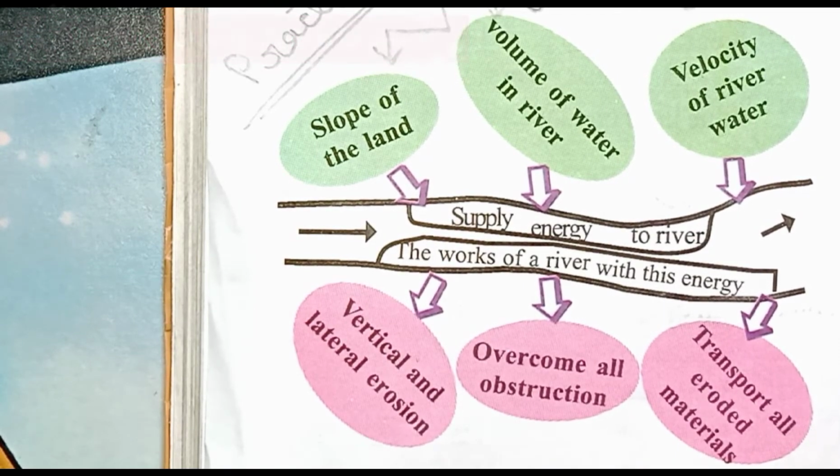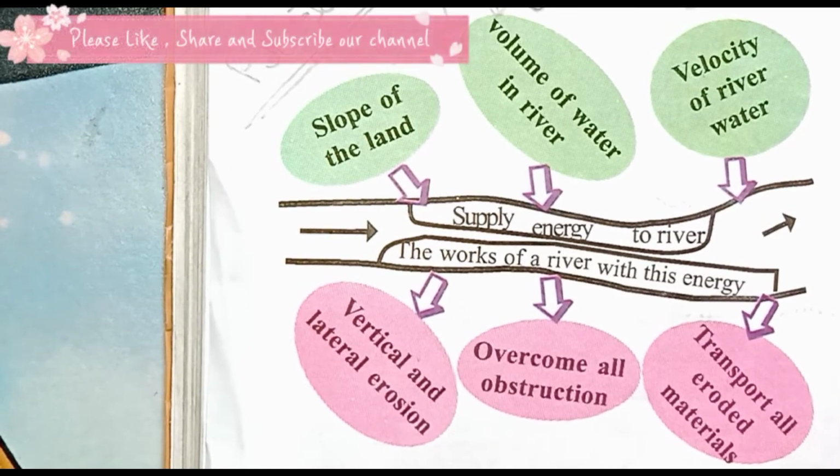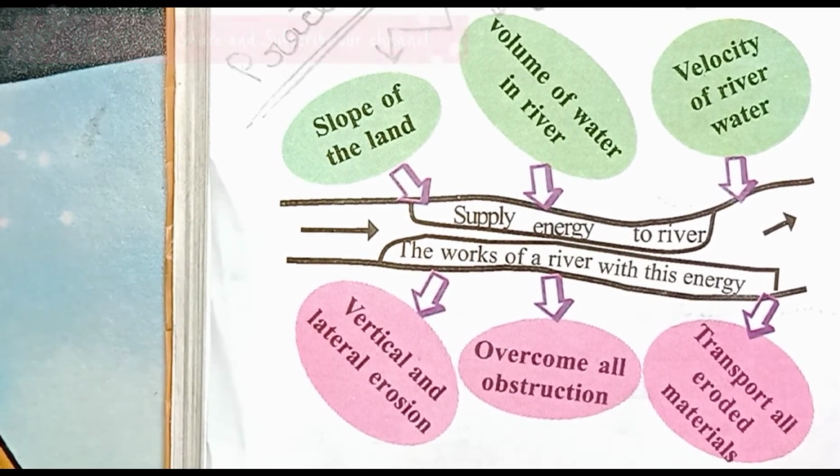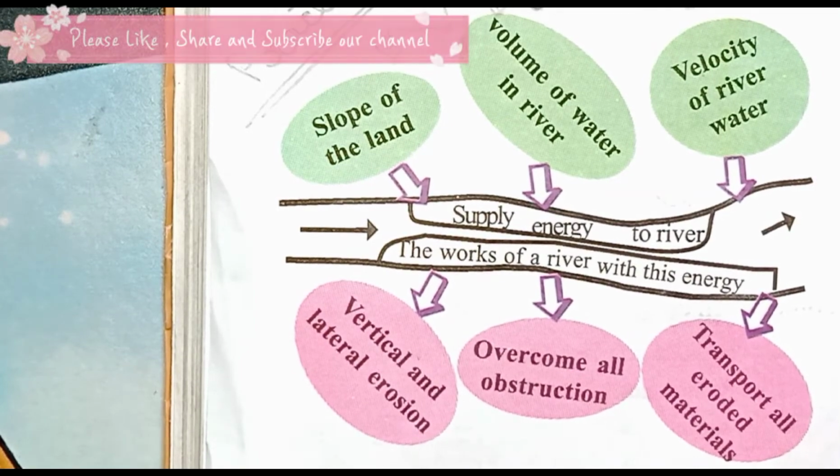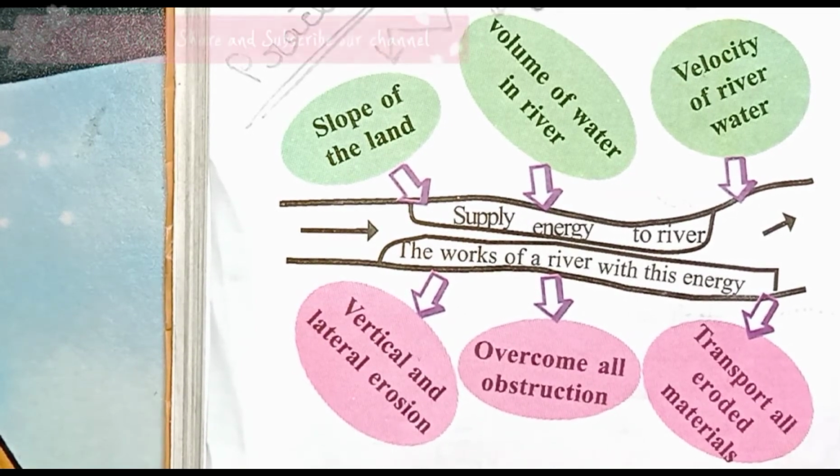It deposits more when its power is reduced, because whenever its power is high, the river works very fast and erodes the silt, sand, pebbles, etc.